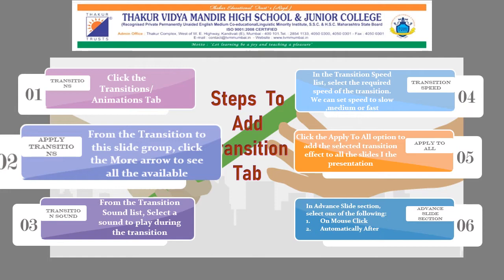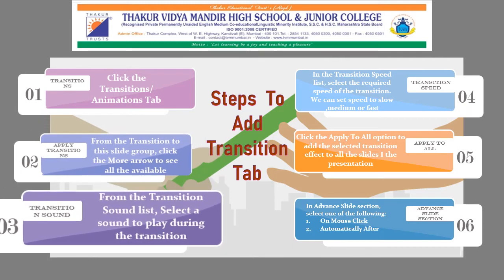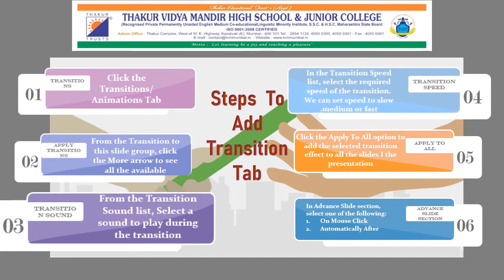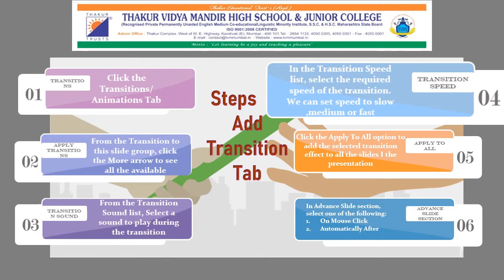Third step, from the transition sound list, select a sound to play during the transitions. Fourth step, in the transition speed list, select the required speed of the transition. We can set the speed to slow, medium or fast.